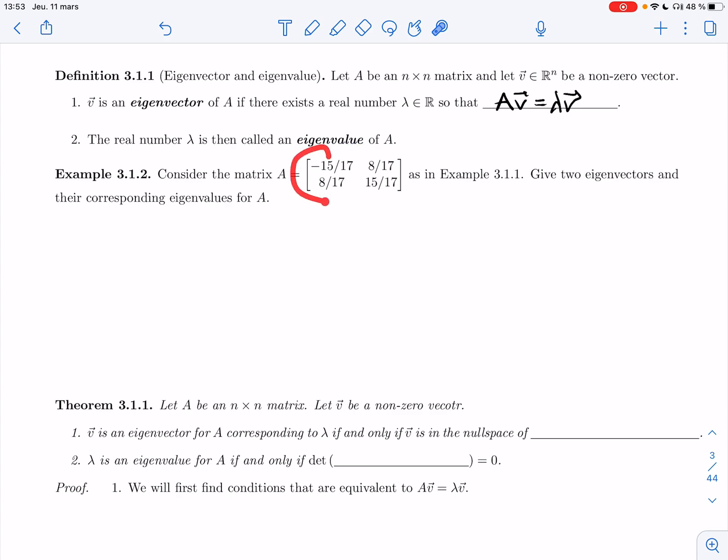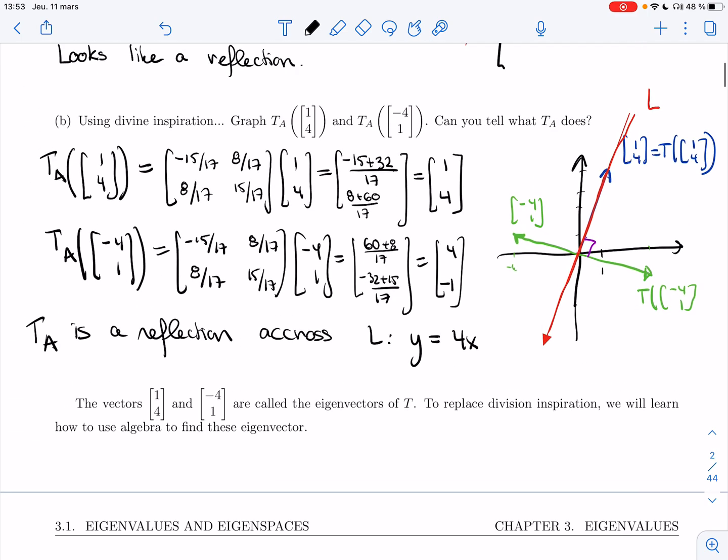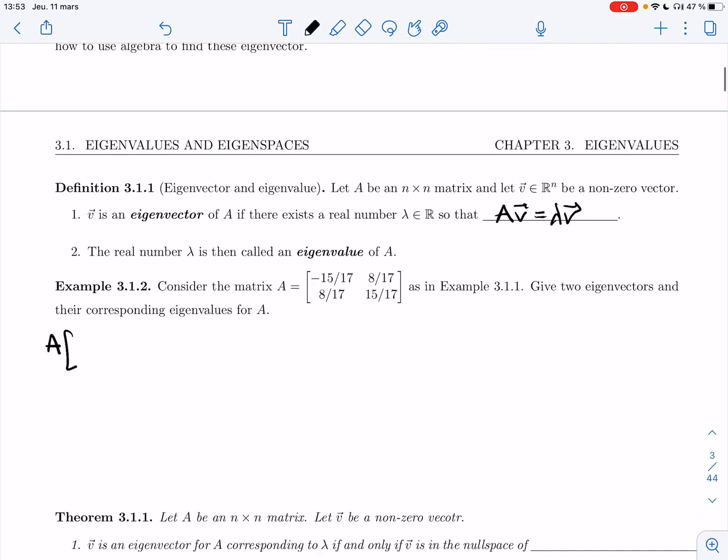All right, I'm going to look at the same matrix we had in the last example, in example 3.1.1, give two eigenvectors and their corresponding eigenvalues for A. All right, so we already seen that if I take A times (1, 4), I get (1, 4).